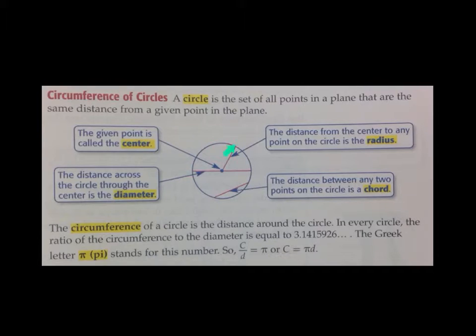And so it doesn't matter how big or small our circle is. If you take the circumference and divide it by the diameter, you'll get pi. Another way to look at that is you can find the circumference by using pi and timesing it by the diameter. So if I know the diameter of the circle and I times it by pi, 3.1415, I'll figure out the circumference.